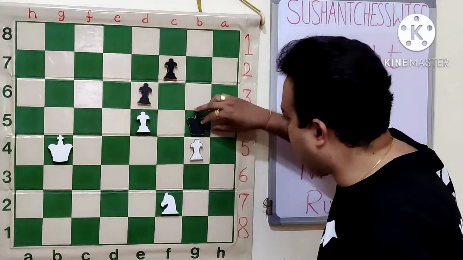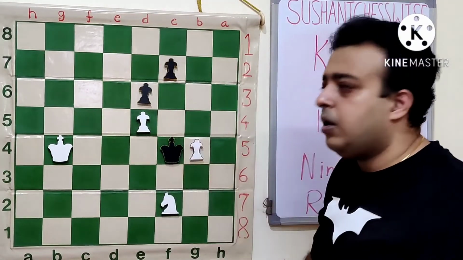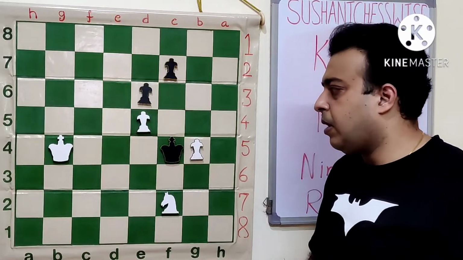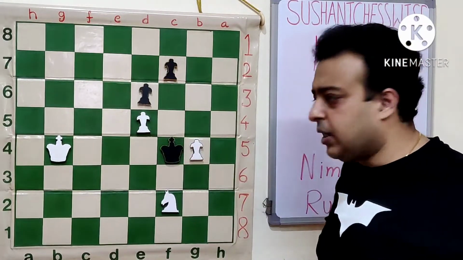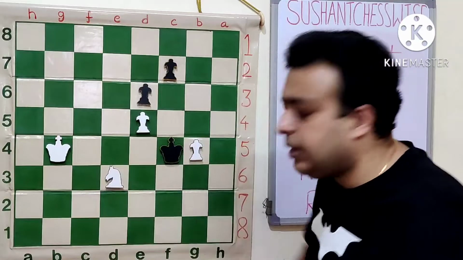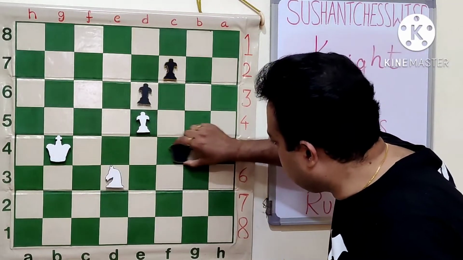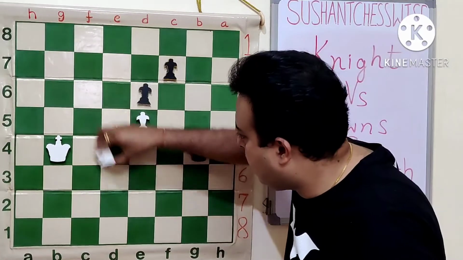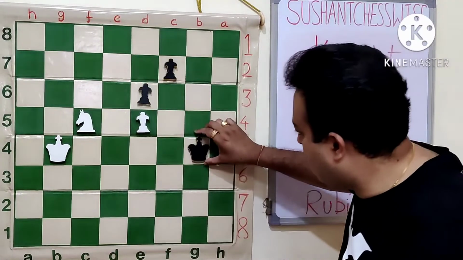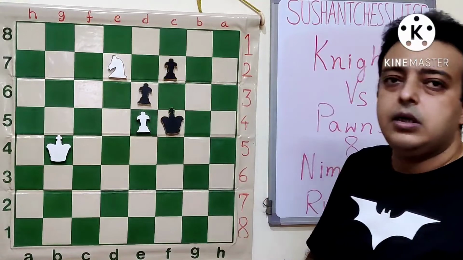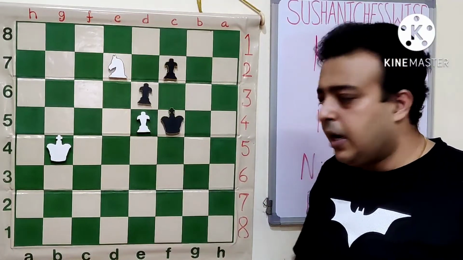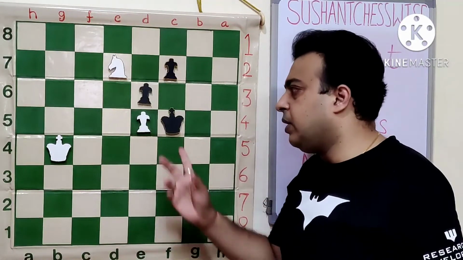So Black would play Kf4, and now after Kf4, first we have to protect e5. So Nd3 check, Kxg4, Nc5, Kf5, and the knight reaches d7 on time, and white will be able to win the game.